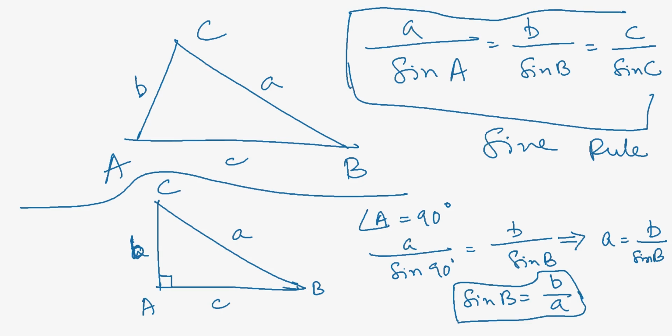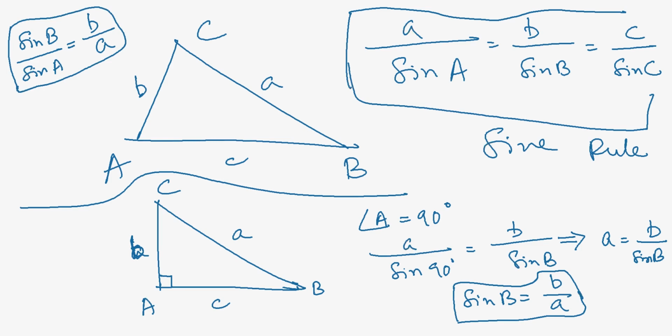Simply, sine B divided by sine A is equal to b over a. So we have extended the Pythagoras theorem for non-right angle triangles, and also extended the definition of sine, a combination of these two.